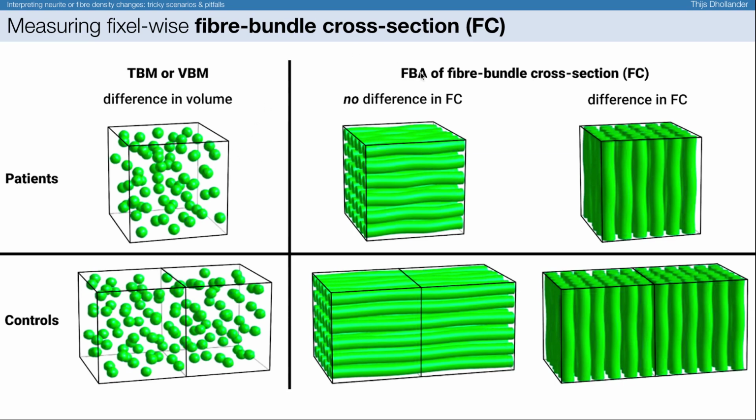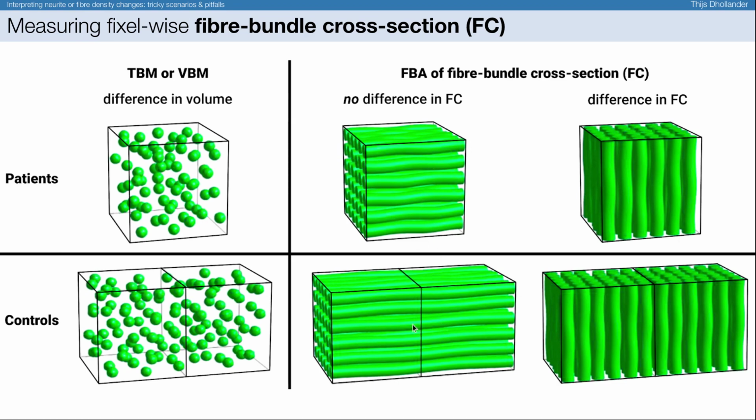Now, if you do a Fixel-based analysis of fiber bundle cross-section, it gets a little bit more complicated, but the technique can handle this. Because again, here we would have a single voxel of axons running like this. And here we have 2 voxels. Do we want to pick this up as a difference in fiber cross-section?